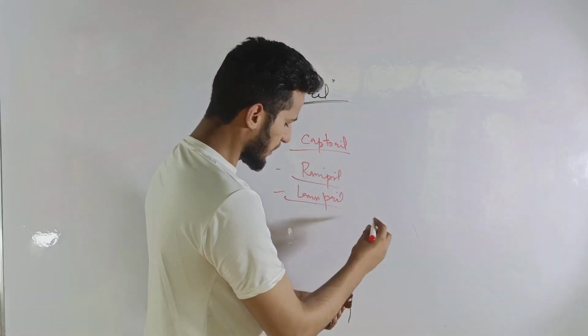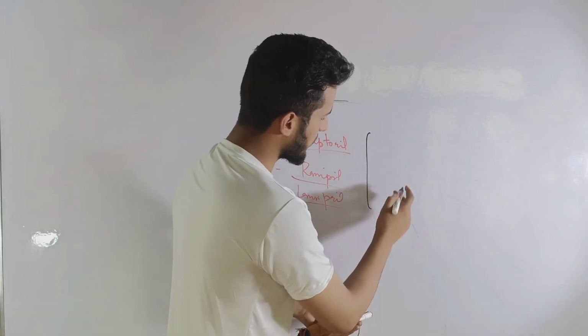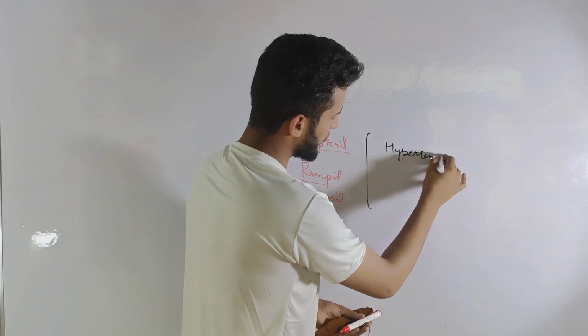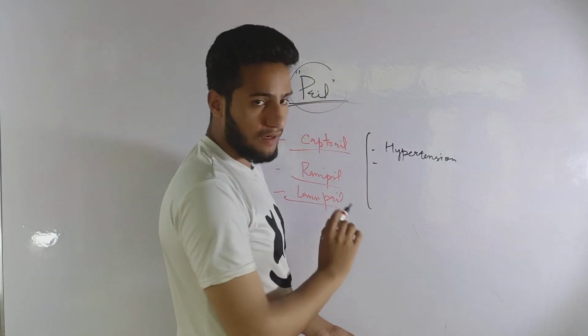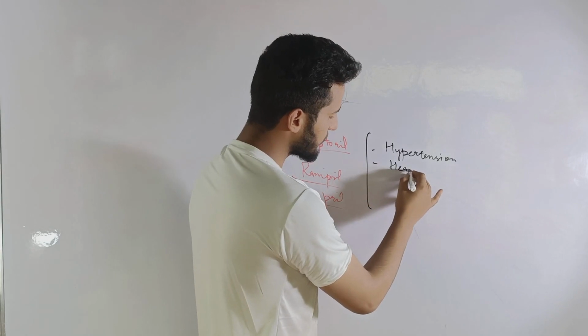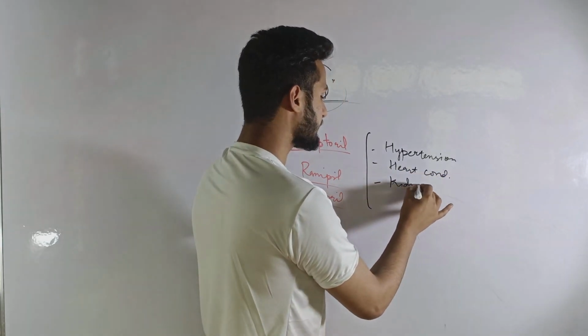So these drugs are used in hypertension. These pril-containing drugs are antihypertensive drugs. They are also used in heart conditions and in kidney problems.